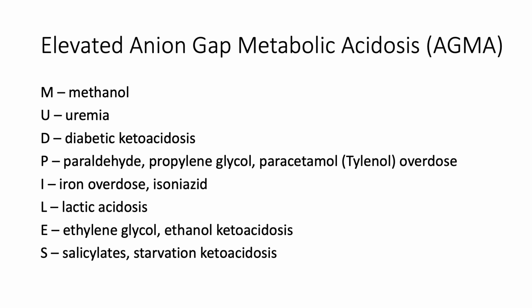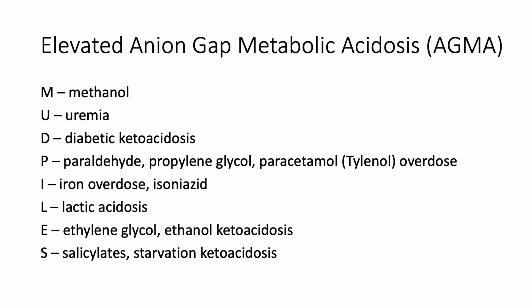Diabetic ketoacidosis leads to production of keto acids, which will elevate your anion gap. The P is for paraldehyde, which is a drug that's not really used anymore, but you may see propylene glycol, which is another alcohol that elevates the anion gap, and paracetamol, which is another name for Tylenol, in overdose can cause an anion gap metabolic acidosis.